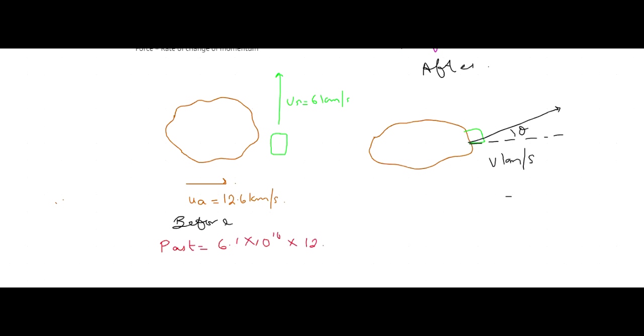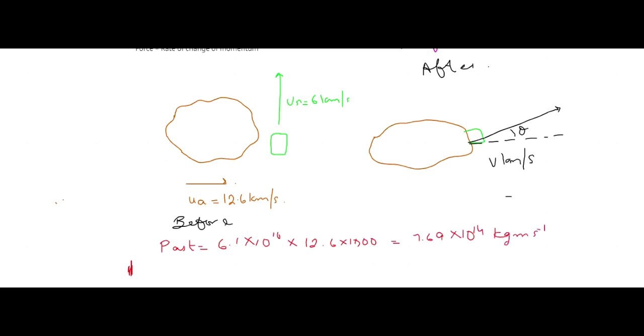You do need to convert this into meters, so we will multiply by 1,000. And this is going to give us the momentum of the asteroid. Since the asteroid is traveling in the horizontal direction, this is my horizontal momentum. The answer I'm getting, correct me if I'm wrong, is 7.69 into 10 to the power of 14. This is going to be my momentum in the horizontal direction.